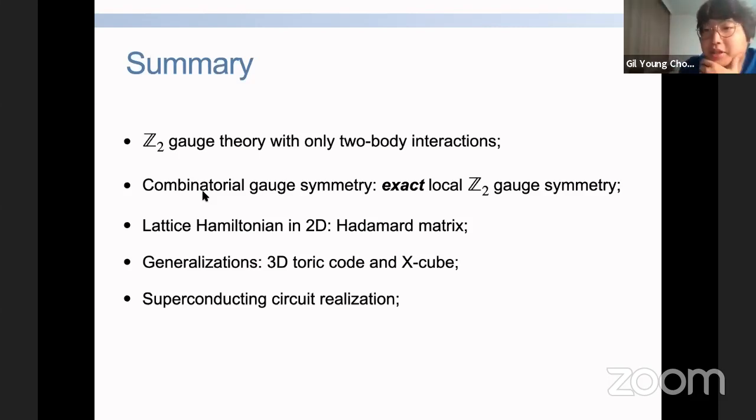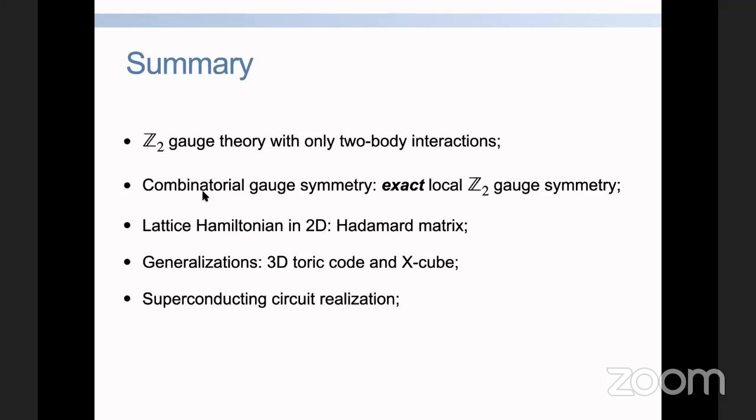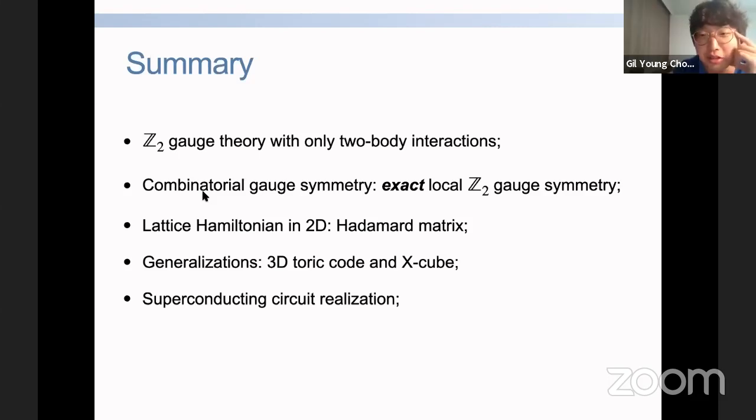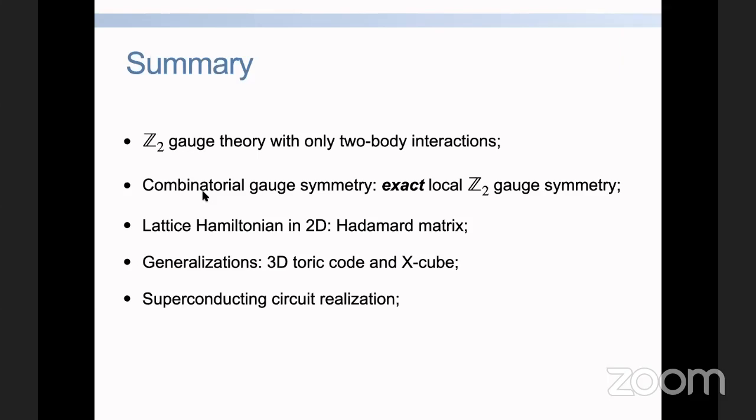Okay. Is there any other questions, comments? So I have a question. Do you think the superconducting circuit is probably easier to realize the spin liquid you wrote down in your paper than other schemes? Yeah, this is actually a promising candidate.